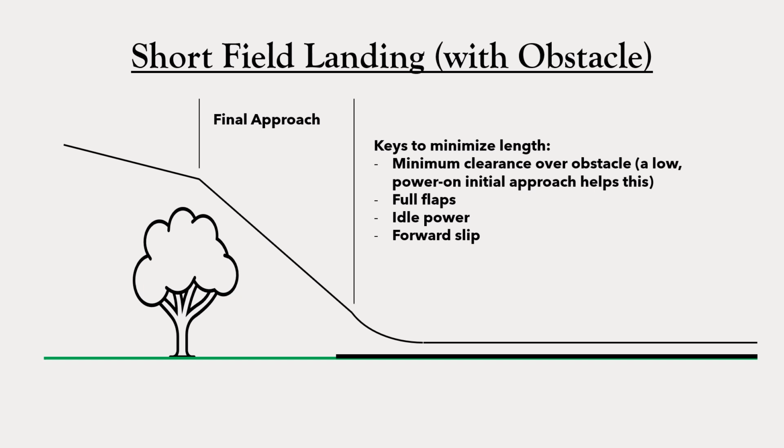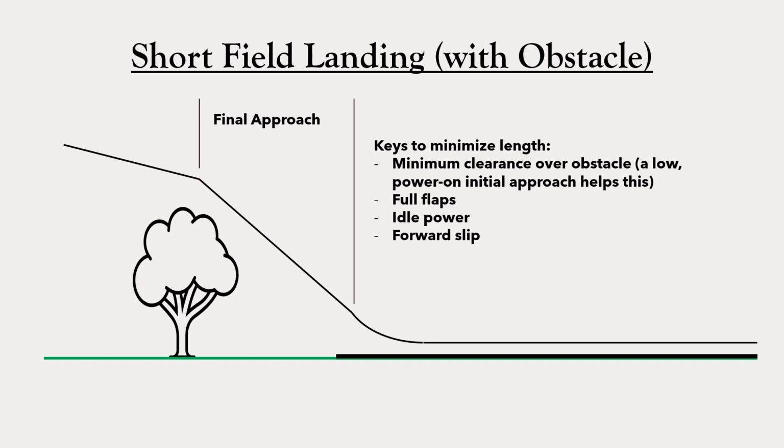So during the final approach, which is the phase from just clearing the obstacle to the round out, the things that are going to minimize the distance we cover during that phase. First thing is how much we clear that obstacle by.